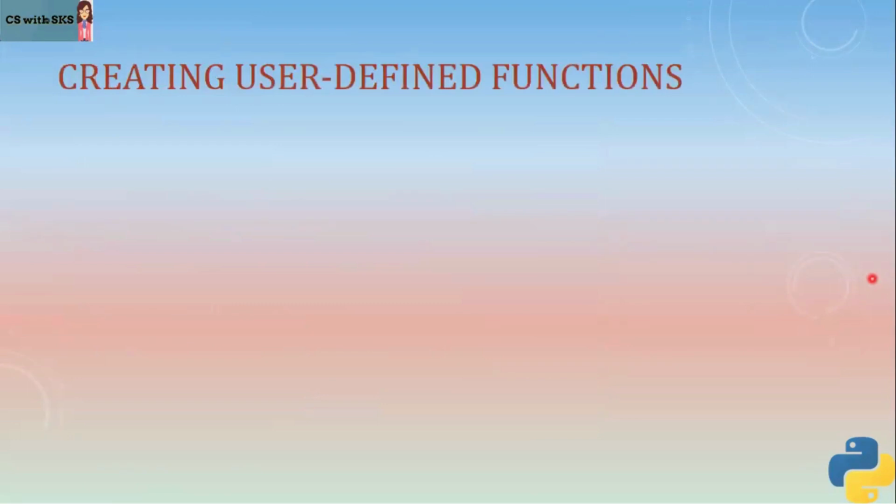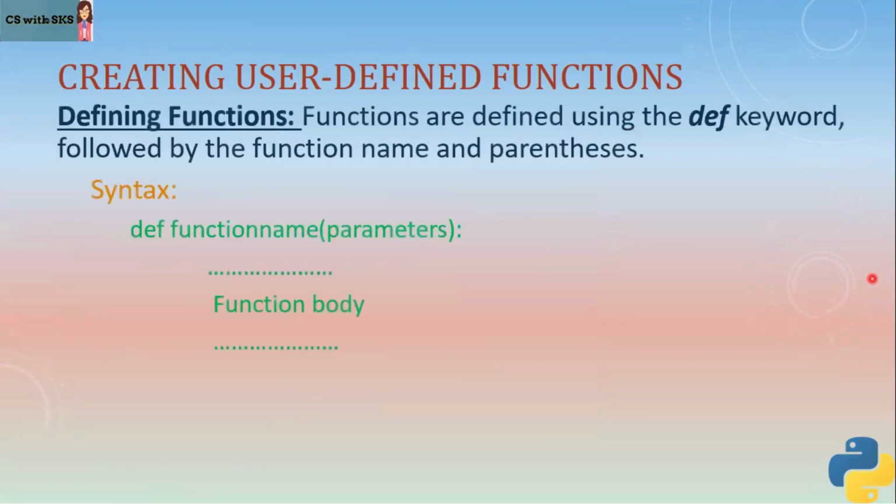Now, how do we create user-defined functions? That is what we are going to understand in today's session. So defining functions means how will you tell what that function is going to do? So there is a syntax. You use def keyword whenever you have to define a function.